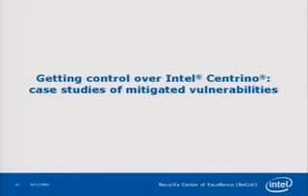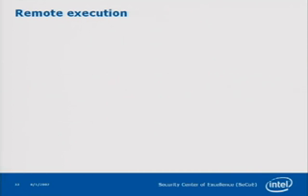All right, so I will briefly discuss two examples of vulnerabilities we mitigated in Intel Centrino wireless LAN drivers some time ago. The first example is the remote code execution exploit that we analyzed, created and demonstrated before the previous Black Hat USA conference.